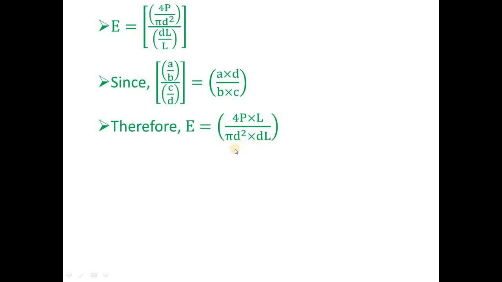Right? So here 4P into L is 4PL, and bring this dl to the LHS and E to the RHS. We get dl is equal to 4PL by pi d square E, which means the axial deformation of this circular rod is 4PL divided by pi d square E.